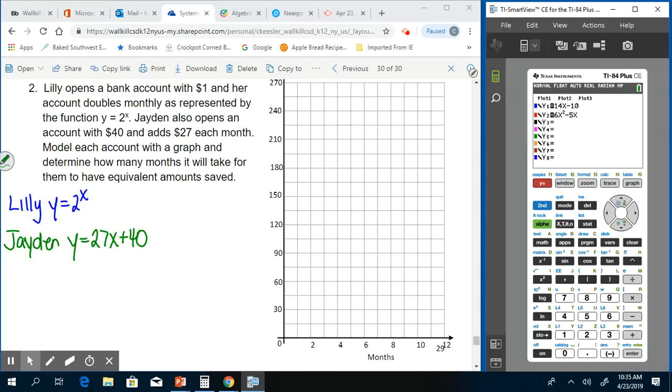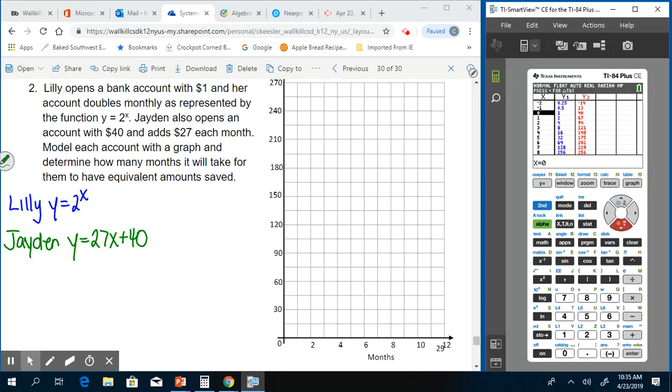We go to y equals, clear what's there, and we do 2 to the x for the first one, and then 27x plus 40 for the second one. And pull up our tables. I'm going to change my table setting back to changing by ones.